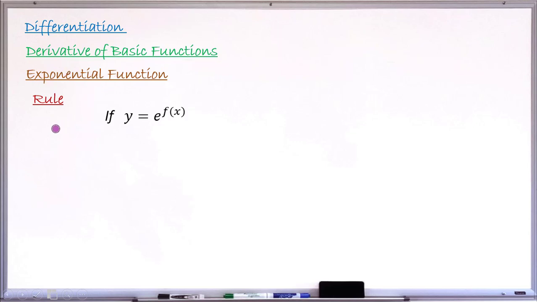So the rule says if you have the exponential function y equals e to the f(x), this is a typical example of an exponential function, then dy by dx, that is d by dx of e to the f(x), equals the derivative of the function f itself multiplied by the original exponential function e to the f(x). We are going to make use of this very rule to find the derivative of exponential functions in our examples.